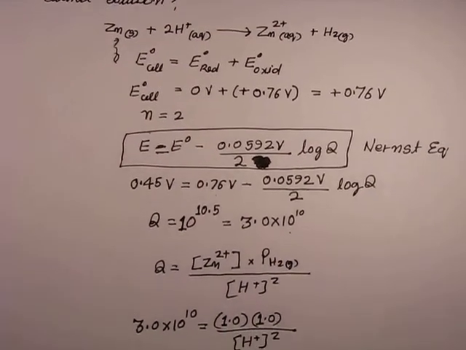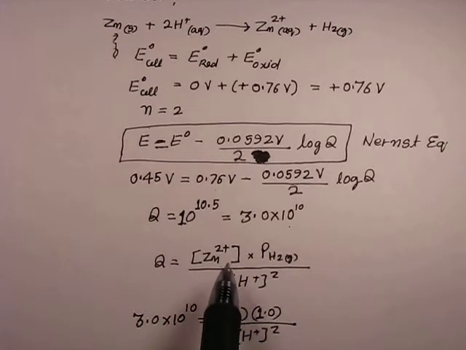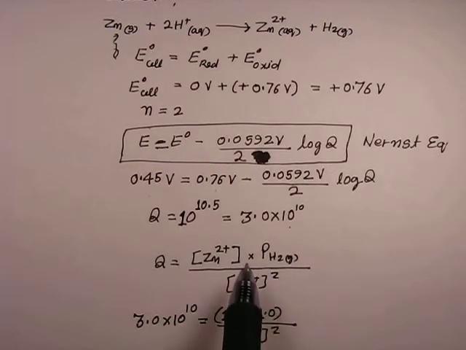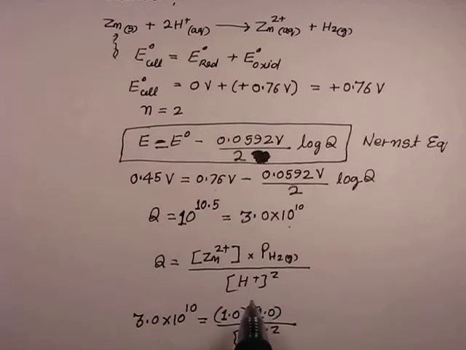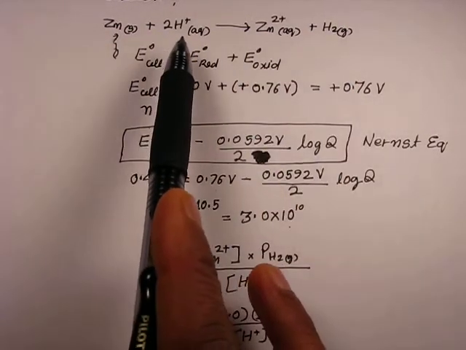Now Q is equal to products divided by reactants: the zinc concentration and hydrogen gas pressure are the products, and the hydrogen ion is the reactant.